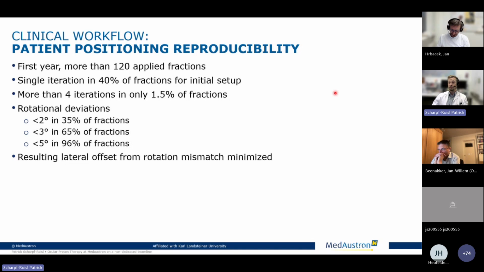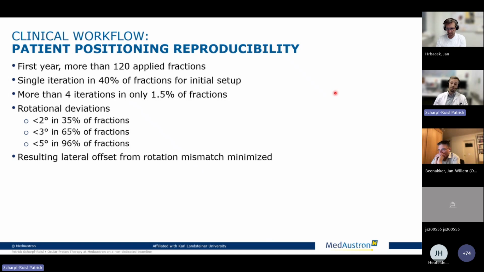And if we look at the rotational deviations that we accepted at the end, we had less than 2 degrees in 35% of fractions, less than 3 degrees in 65% of fractions, and less than 5 degrees in 96% of fractions. There were just a few cases where we accepted a higher offset due to struggles with positioning the eye rotation with a patient, and this usually only occurred in the last fraction or second to last fraction if the initial fractions were within fine limits.